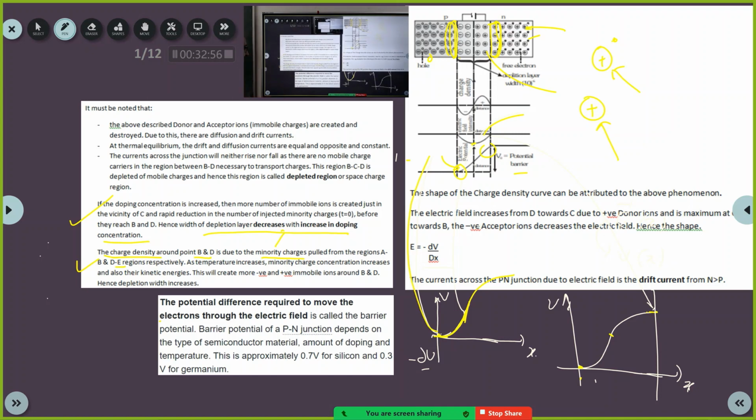Now the potential difference required to move an electron through an electric field is called barrier potential. Barrier potential of a PN junction depends upon the type of doping. I will explain this aspect to all of you. Do you know about this potential barrier?